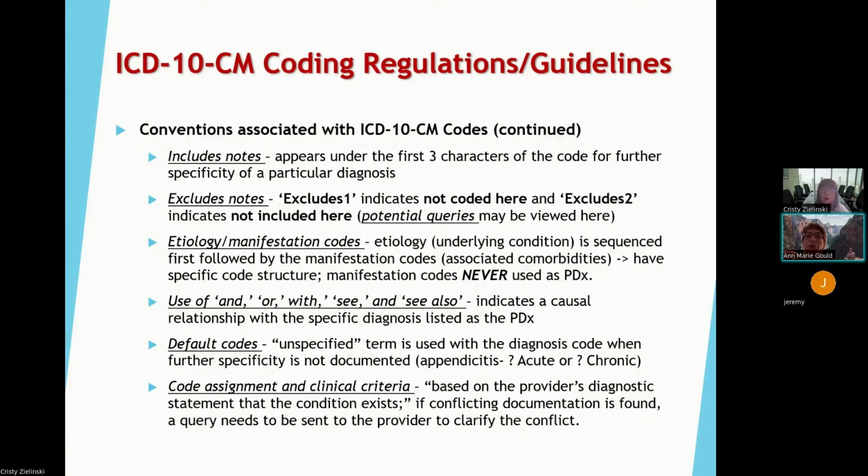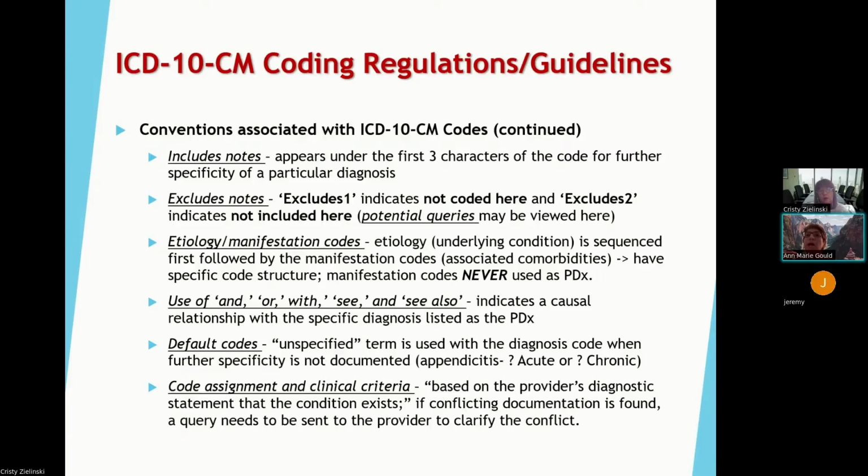Now the excludes2 notes, however, are where you may have a potential query associated with the diagnosis that you're putting into your DRG software program. So that's something you really want to take a look at when it comes to your edits, your CMS and nosology notes. Now, your etiology and manifestation codes, we discuss this all the time from a CDI point of view, right? The etiology, or the underlying condition, is sequenced first, followed by the manifestation codes, which are the associated comorbidities.